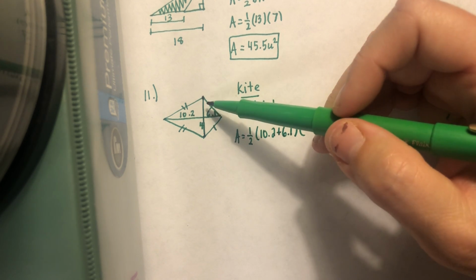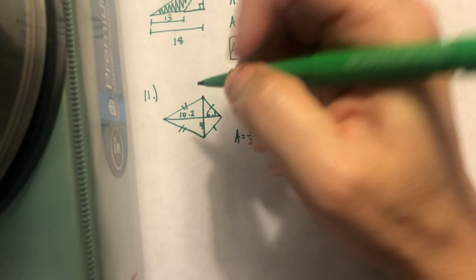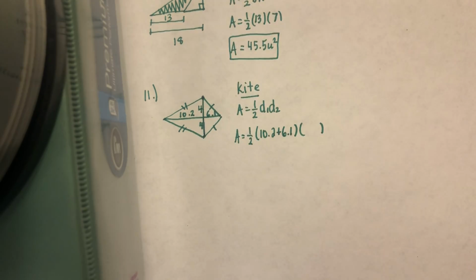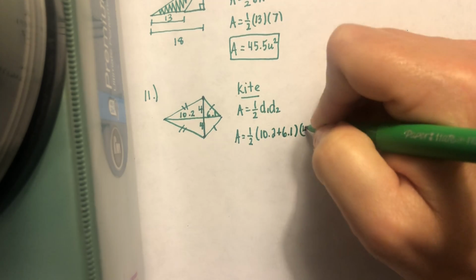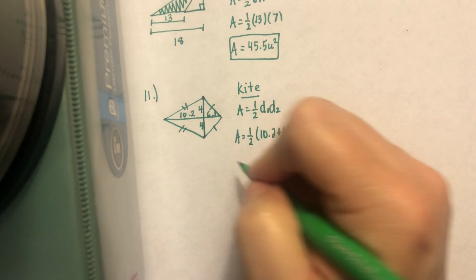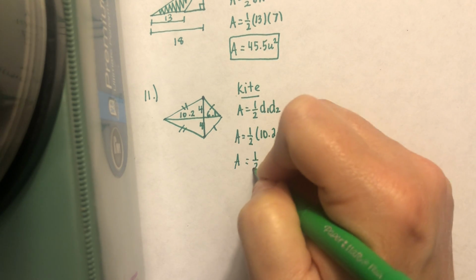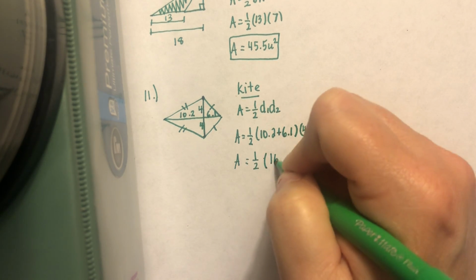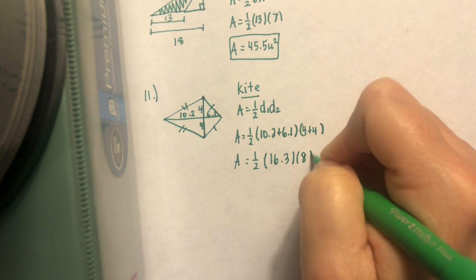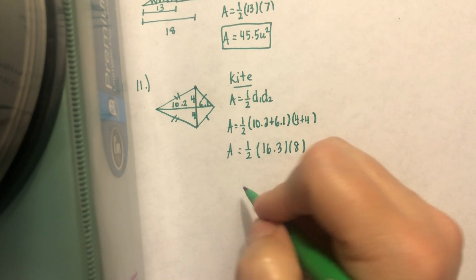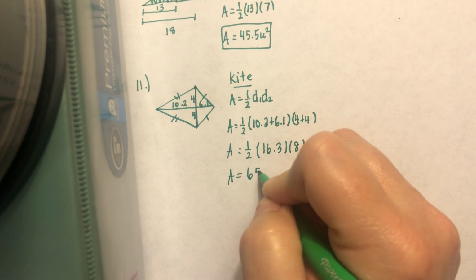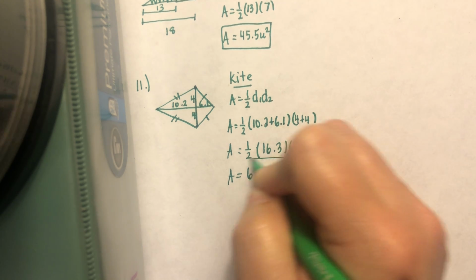If you remember, one of our diagonals is always bisected. So if this part's 4, that part has to be 4. So this diagonal is 4 plus 4. So we get area is 1/2 of 16.3 times 8. And then that area ends up being 65.2 units squared.